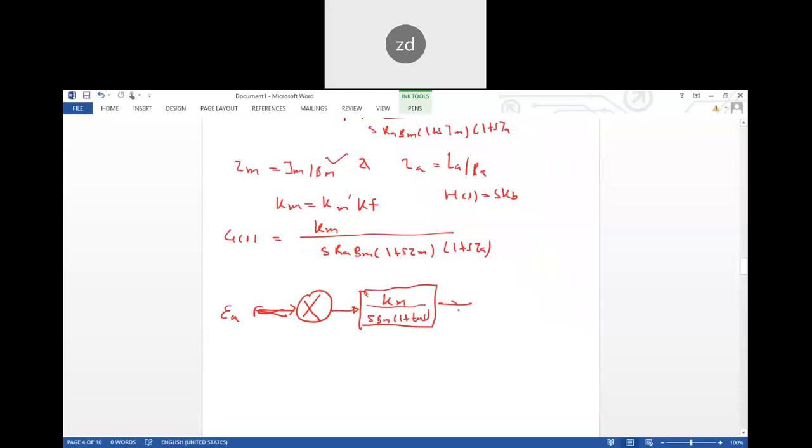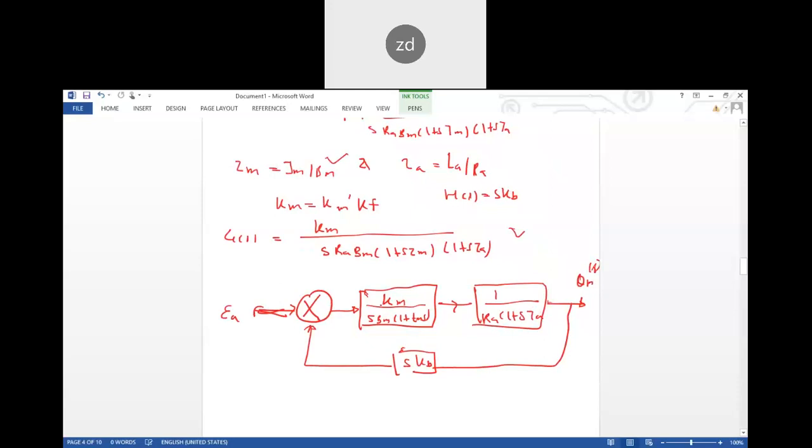Then you have another term, 1 by Ra (1 plus sTa), and then the output theta m(s). This is returning back to the system through the feedback H(s), which is s Kb. If you look clearly, the output is getting compared with the input, hence it is a closed loop system. So armature control of a DC motor is a closed loop system.